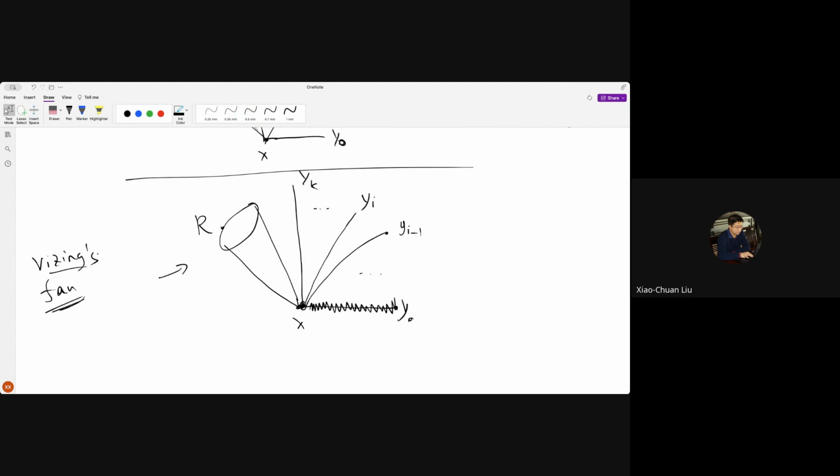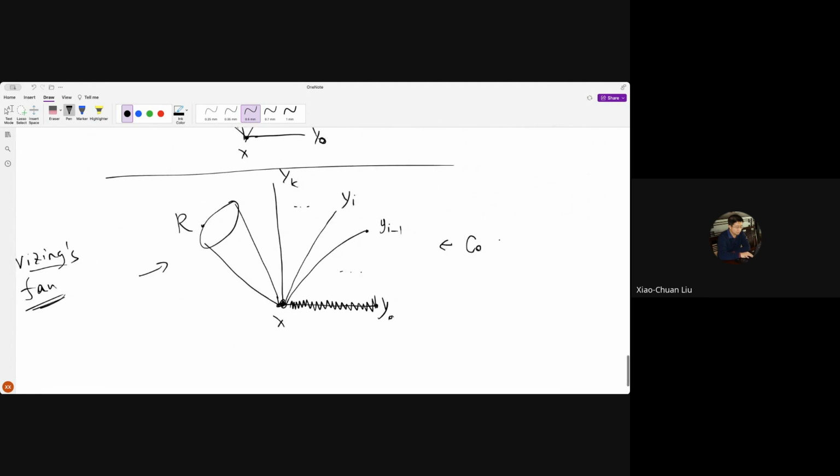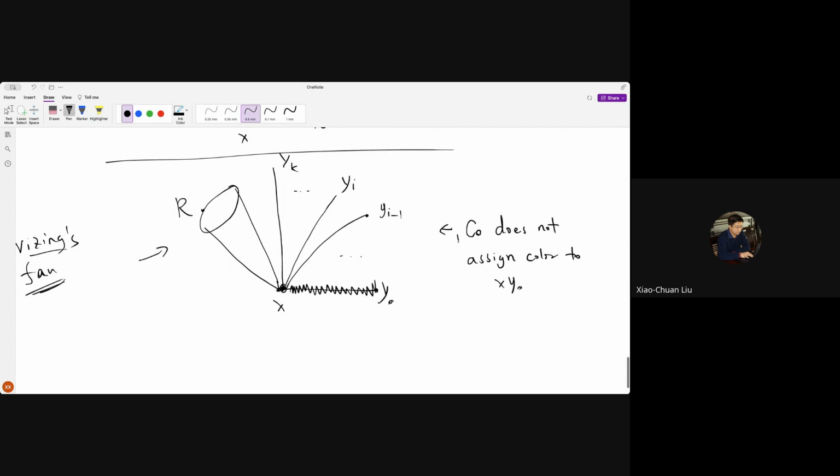Here this graph is given a coloring which I call C0. So in particular, C0 does not assign a color to the edge x y0, because we have taken it out. So there are several properties, right?